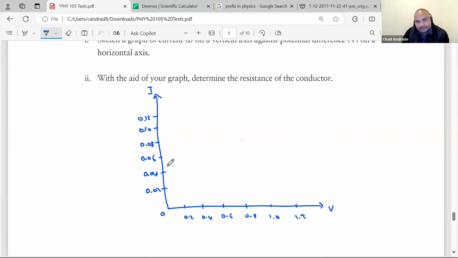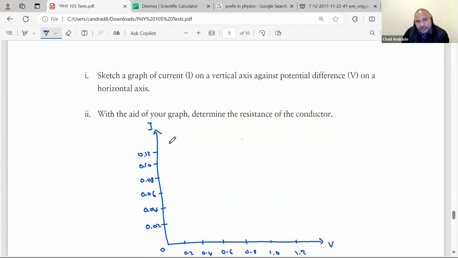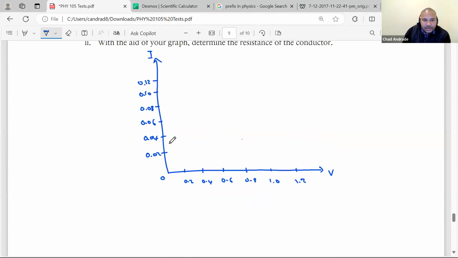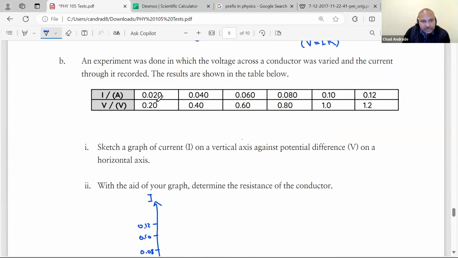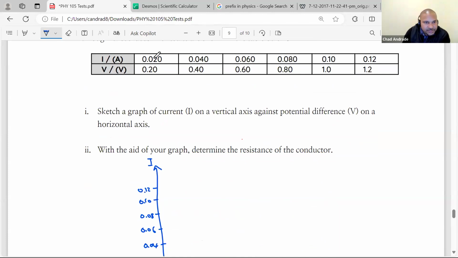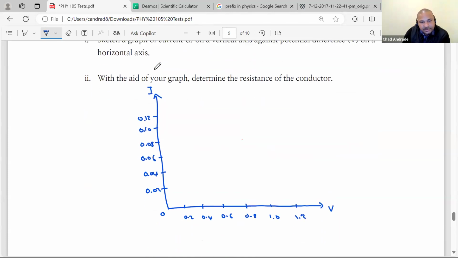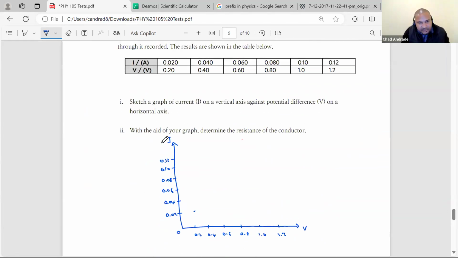So it says to sketch. We look at the first point. It's 0.02 to 0.20. First point is going to be right here. Second point, 0.04 to 0.4. Third point, 0.06 to 0.6.